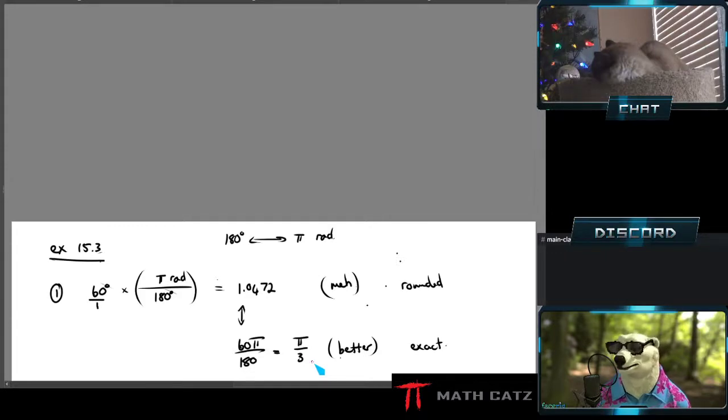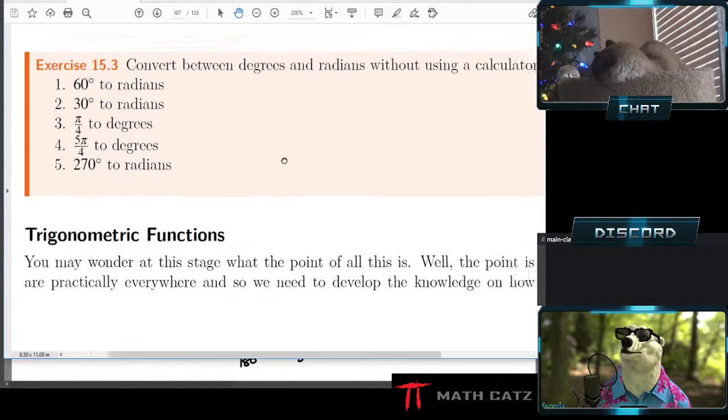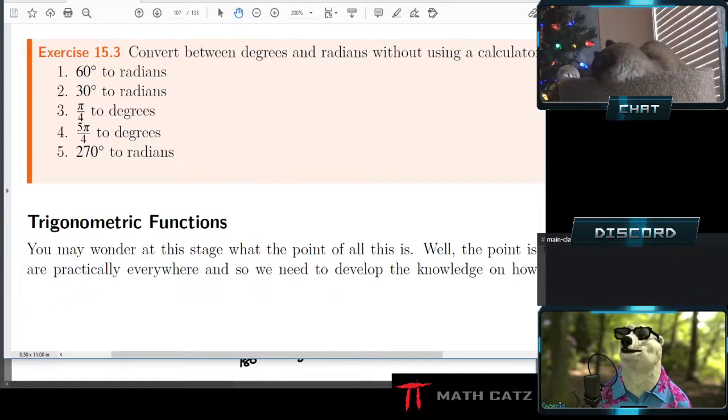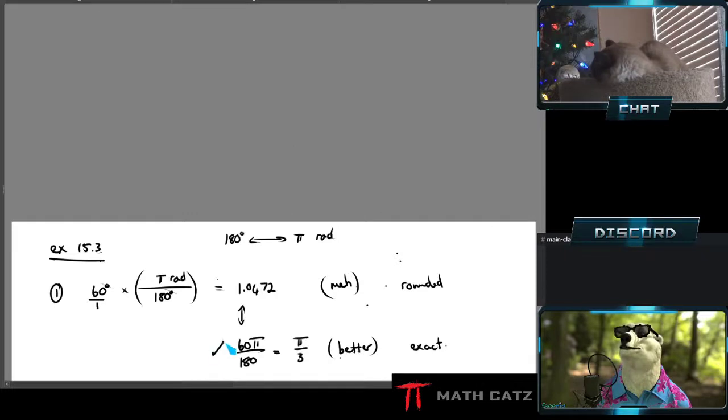It does make sense when you think about it, in that 60 degrees is a third of 180. So the corresponding radian measure should be a third of pi, which it is, pi over 3. So please take care. The question says without using a calculator, you have to find the exact value. You do it this way, not the top way.